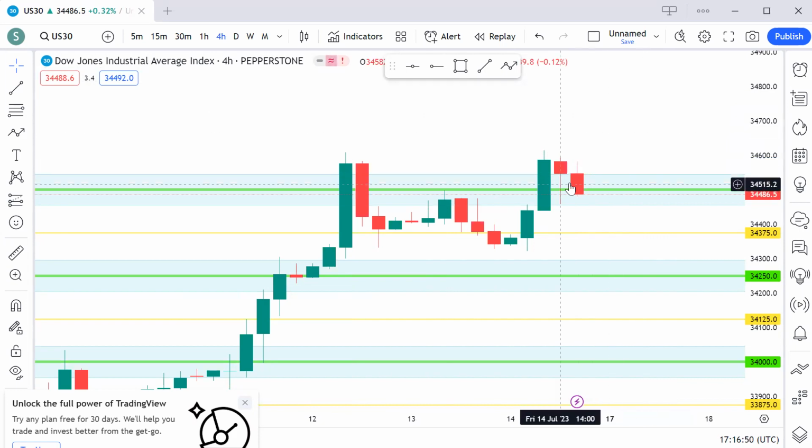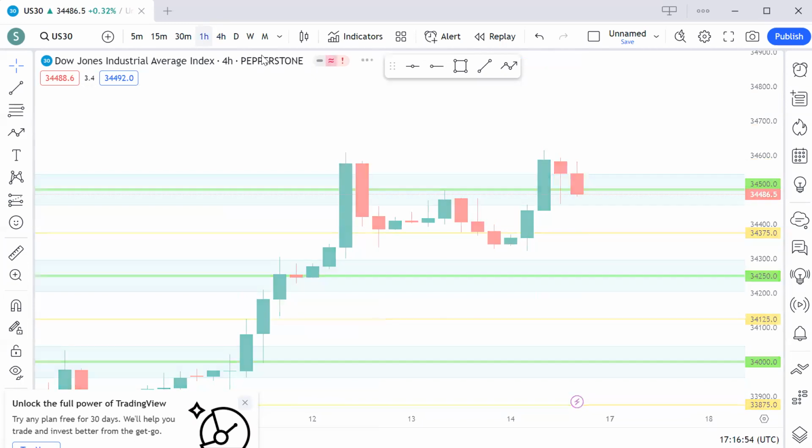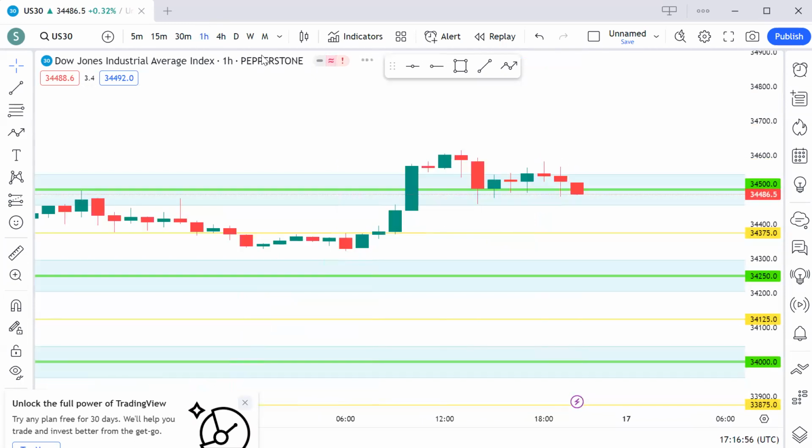Once we confirm the higher time frame direction, we drop to a 1 hour, 30 minute, or 15 minute, looking for chart patterns that confirm the higher time frame direction. So if higher time frame is bearish on daily and 4 hour, we're only looking for sell chart patterns.